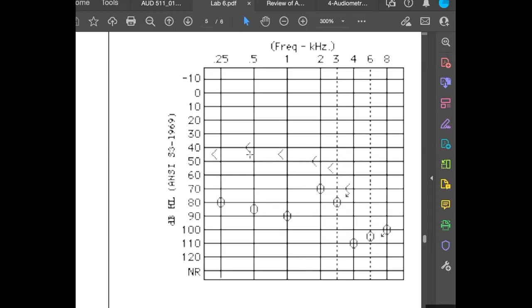This audiogram seems to have a conductive component as well as a sensory neural component. Okay, moving on.